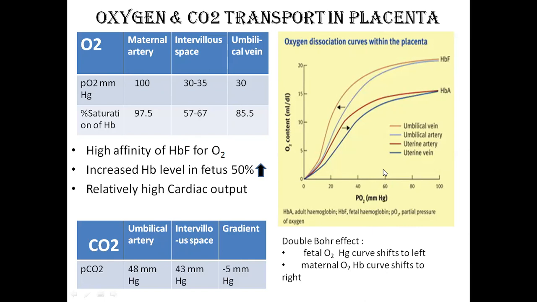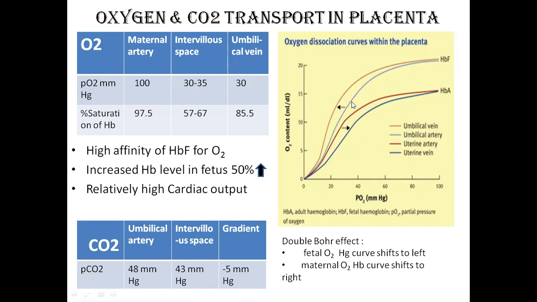Just having a look at the double Bohr effect. We all know the Bohr effect, that is the effect of carbon dioxide concentration on the oxyhemoglobin dissociation curve. We see if the carbon dioxide concentration is more, the pH is low, and the oxygen dissociation curve shifts to the right. That is, the affinity of hemoglobin for oxygen reduces, or the T state gets stabilized. Now, here we see the double Bohr effect. In case of umbilical artery, we know that the carbon dioxide concentration is high, having a gradient of 5 millimeter of mercury.